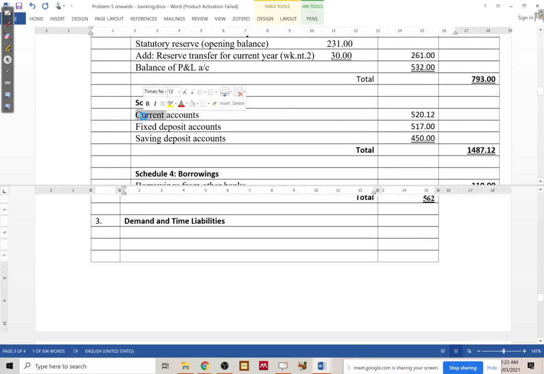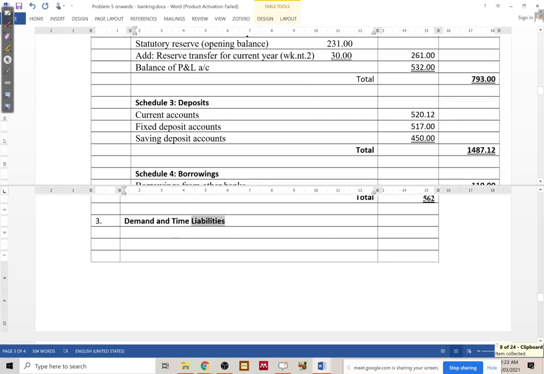Take the current accounts, we put them in the inner column so that we can do the calculations. Then fixed deposit accounts and savings deposit accounts. You don't need to show the bifurcation as to which ones are demand and time liabilities. You just need to total up all of these three.